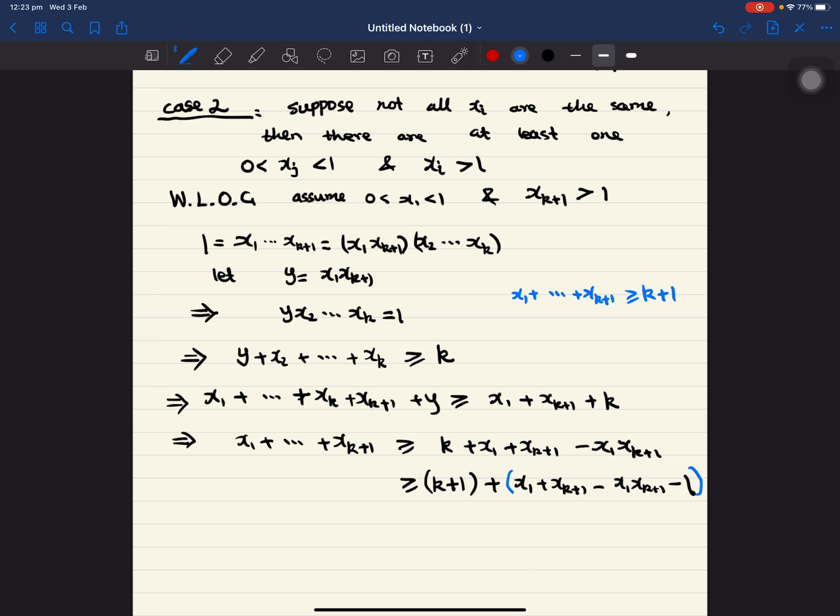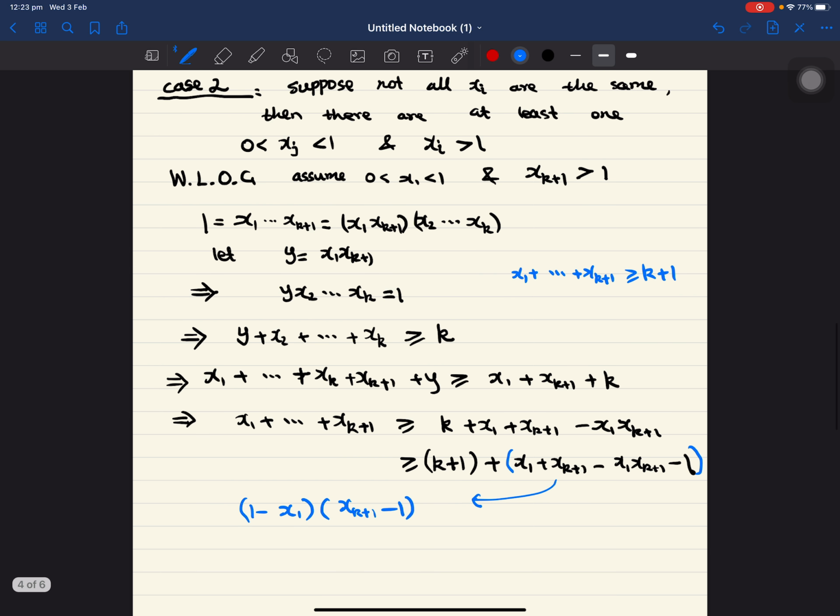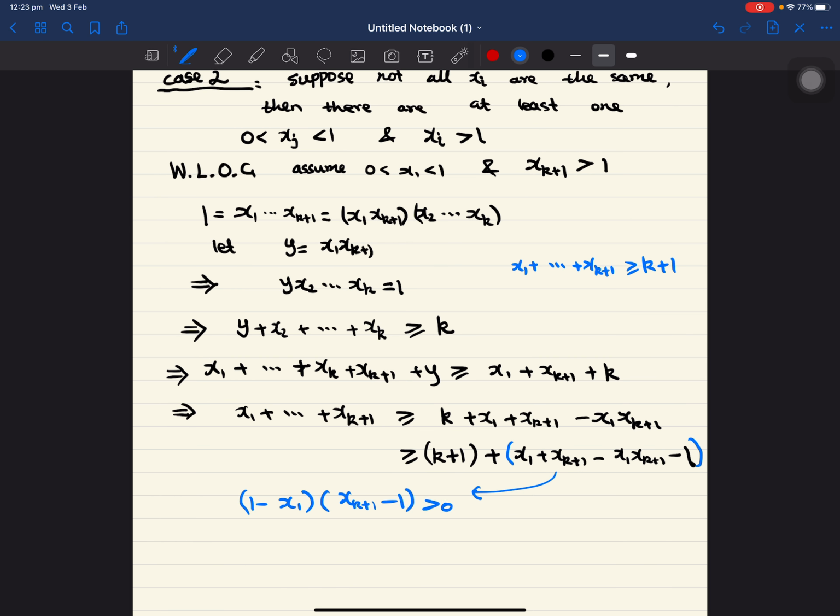And this expression is 1 minus x1 times x(k+1) minus 1, as what we showed in the base case, and we know that is greater than 0. So we have that x1 plus all the way to x(k+1) is greater than or equal to k plus 1 plus some positive term.